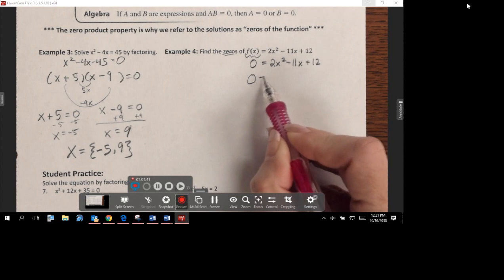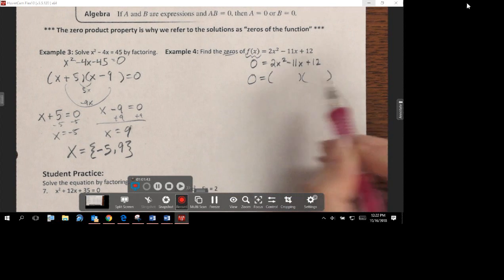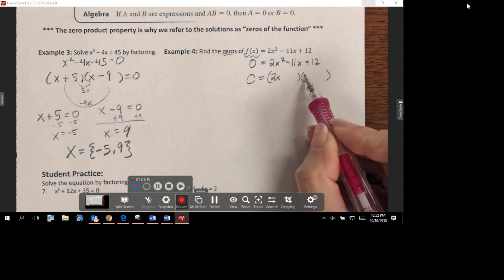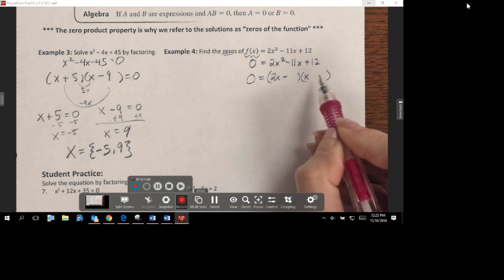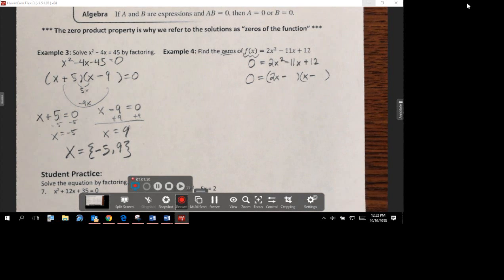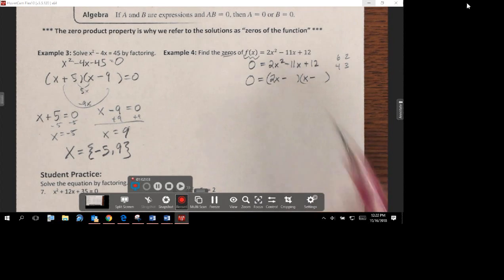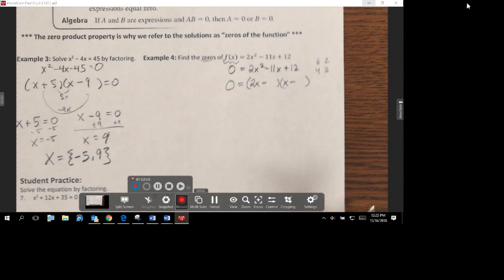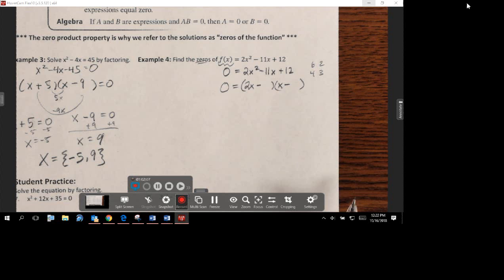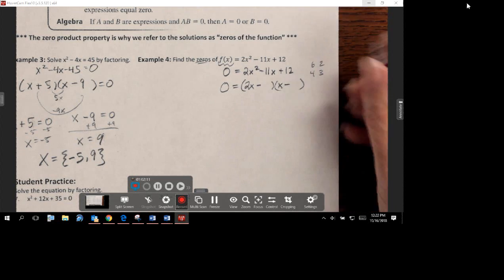Let's try to factor this. There's no GCF. This will be x into x. Both signs are going to be minus. So what multiplies together to give us 12? 6 and 2 or 4 and 3? We're going to have to multiply one of those numbers by 2 and get an 11 when we're done. Or 12 and 1.